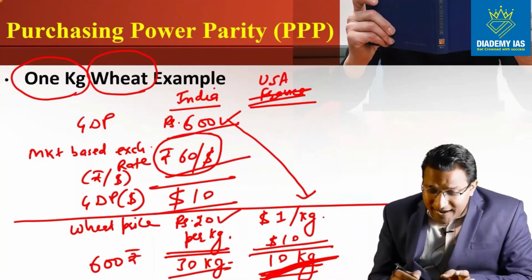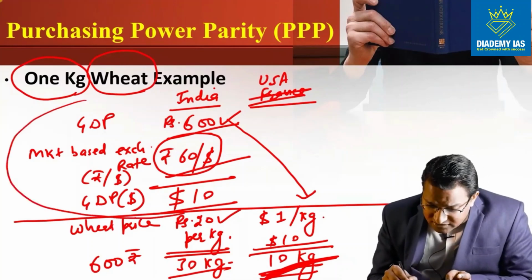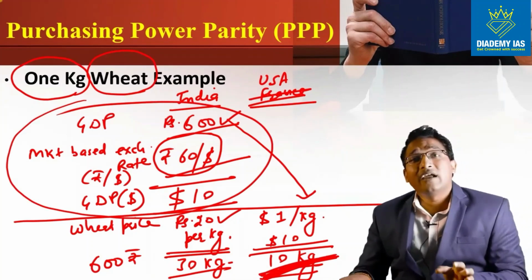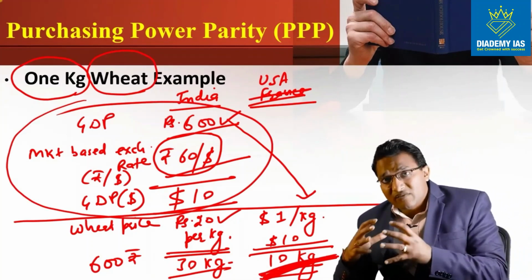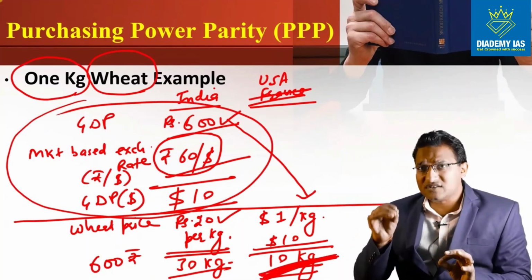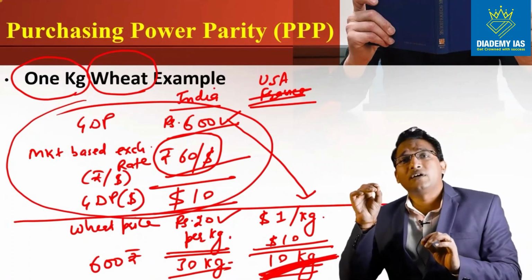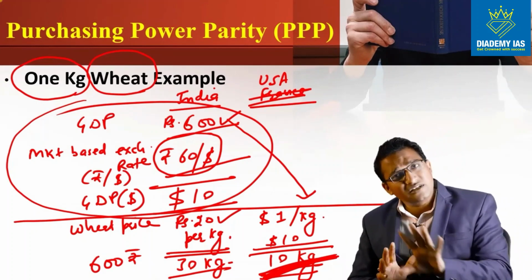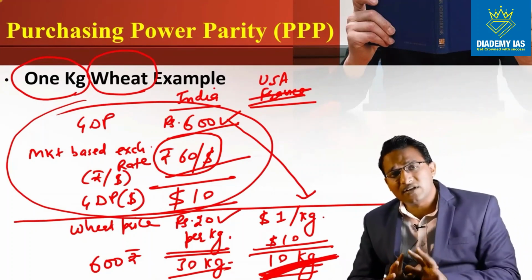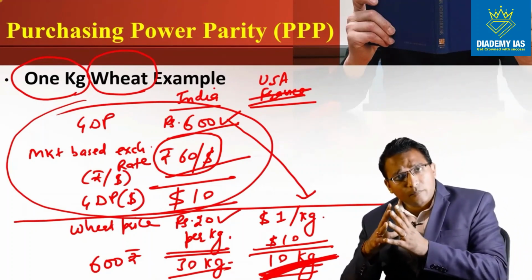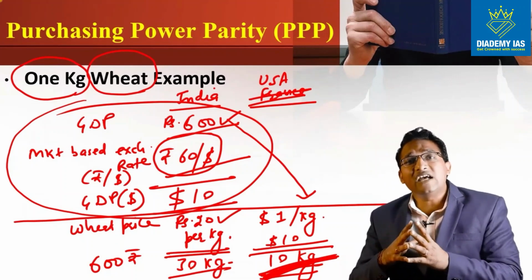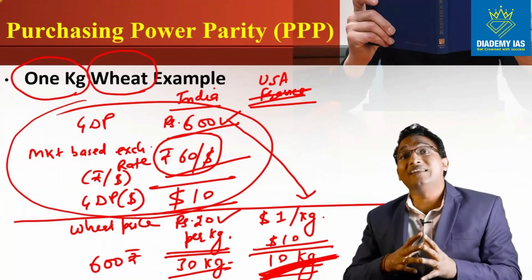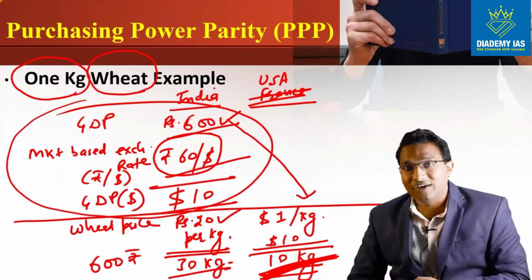But with this market-based exchange rate, we will always say that India's GDP value is just 10 kg. If we consider that India's GDP has only wheat as its product, for the sake of simplicity, then any outsider will say that India's value is worth 10 kg of wheat, but actually India's worth is 30 kg of wheat.